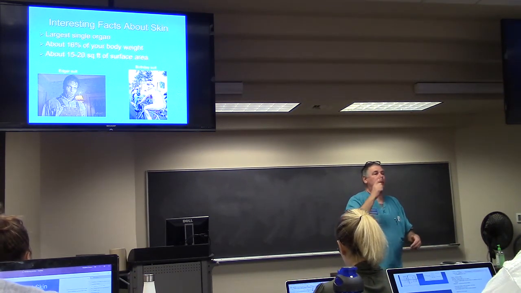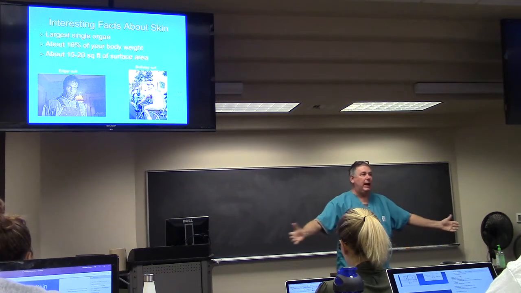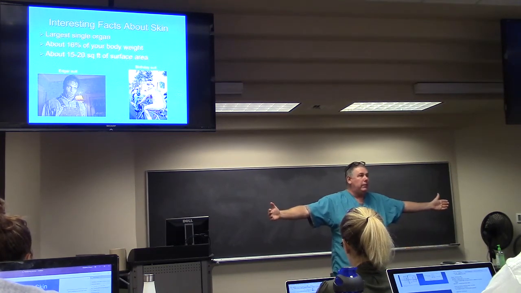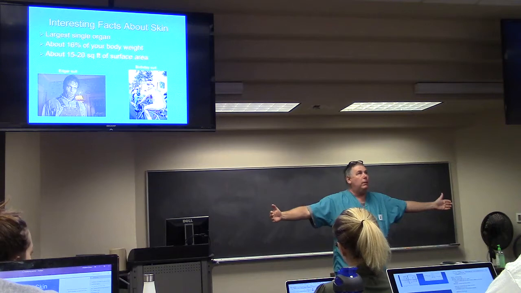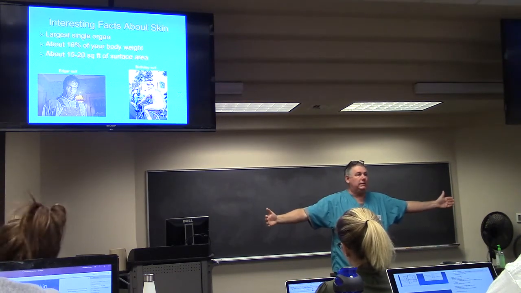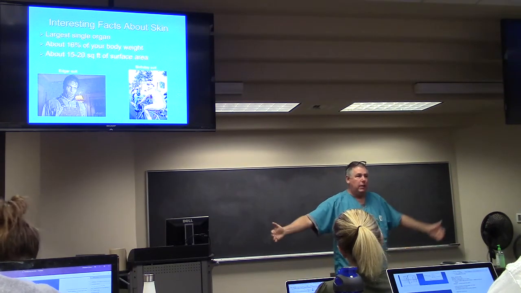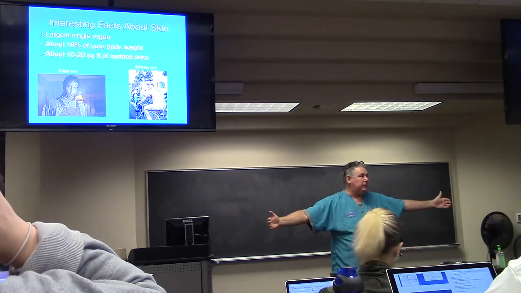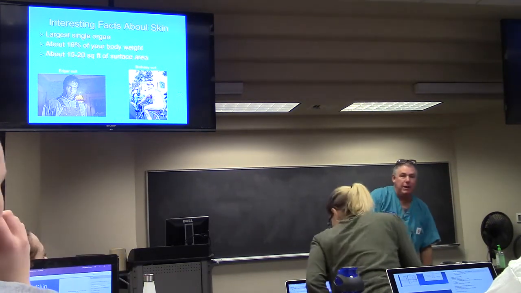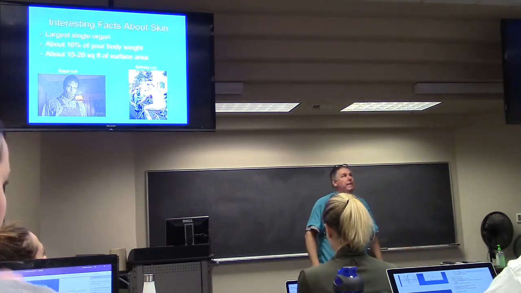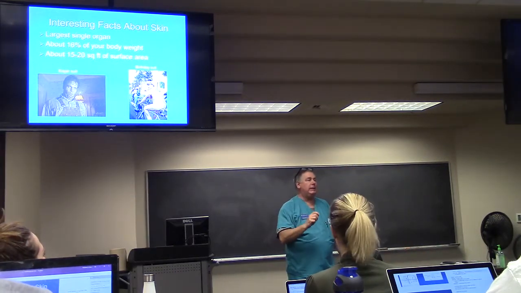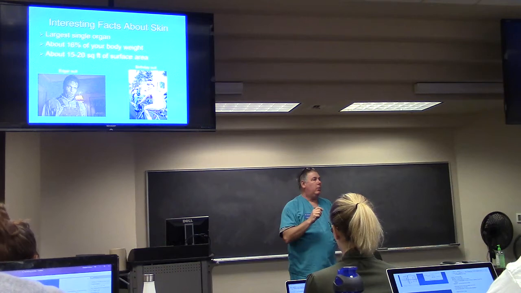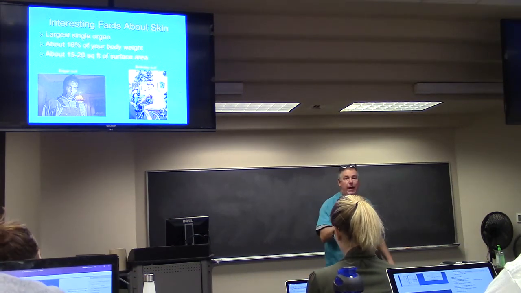So despite the skin, if you stretched it out, being the size of a full sheet, 15, 20 square feet, smaller than a queen size, bigger than a twin, that's how big your skin is stretched out. It gets just a fraction of your cardiac output.